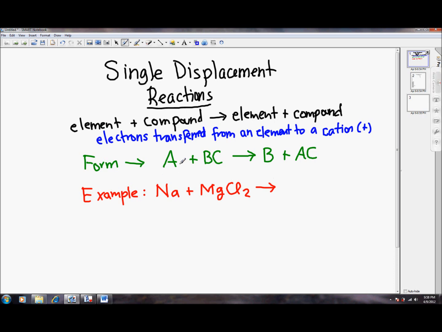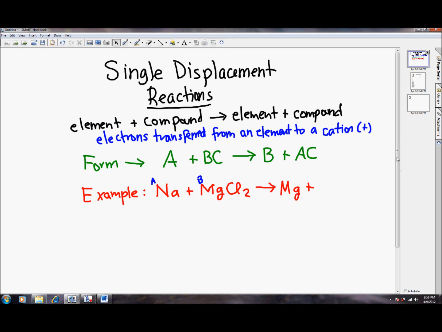So this is A, this is B. You notice what happens, that A and B switch places. So that means that B becomes the free element, and now Na will bond to Cl.